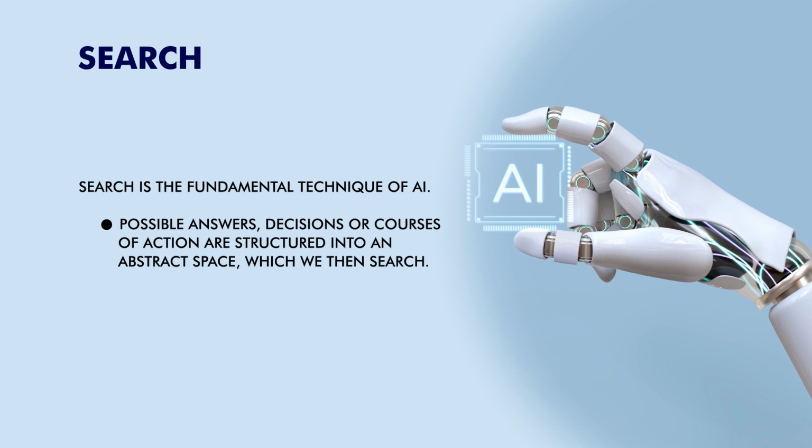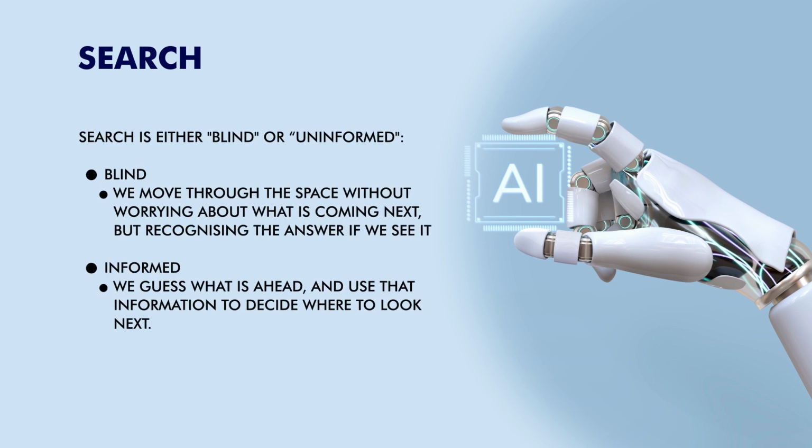Search is the fundamental technique of AI. Possible answers, decisions or courses of action are structured into an abstract space which we then search. Search is either blind or uninformed. Blind search, in which we move through the space without worrying about what is coming next, but recognizing the answer if we see it.